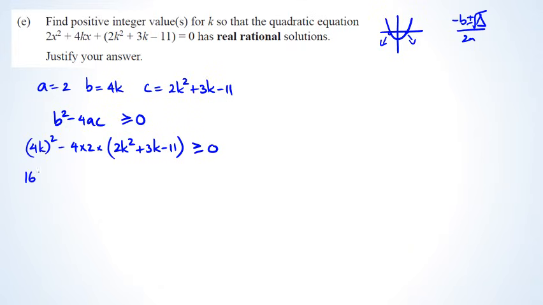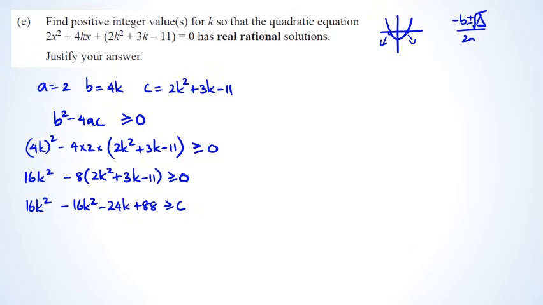Expanding this, we've got 16k squared minus 8 times 2k squared plus 3k minus 11 is greater than or equal to 0. Expanding the brackets, we've got 16k squared minus 24k plus 88 is greater than or equal to 0. Simplifying this, we have negative 24k plus 88 is greater than or equal to 0. So negative 24k is greater than or equal to minus 88.